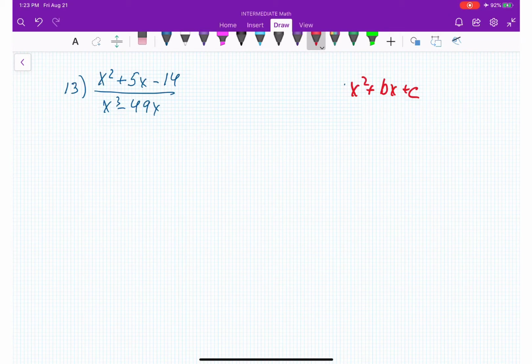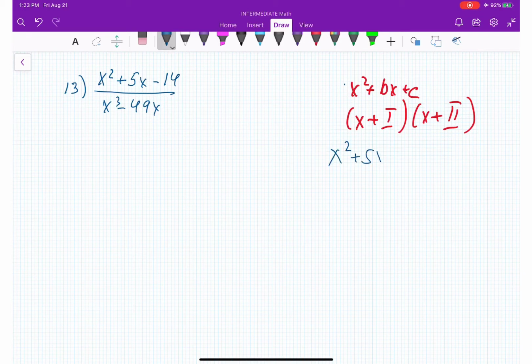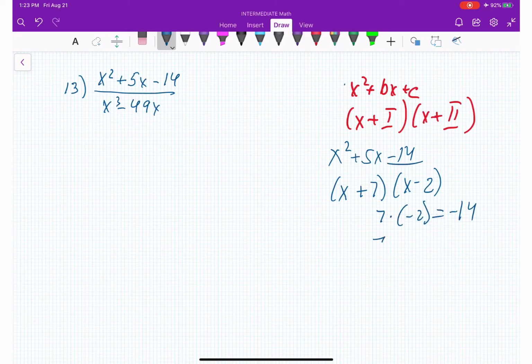And it's going to be x plus first number, x plus second number. So if we have x squared plus 5x minus 14, if I break it down, it's going to be x plus 7 and x minus 2, right? Because 7 times negative 2, I'm getting negative 14. And 7 minus 2, I'm getting 5.